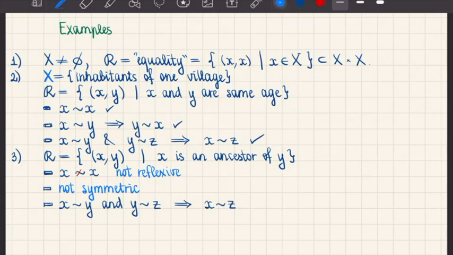So it is transitive. But it is not an equivalence relation.